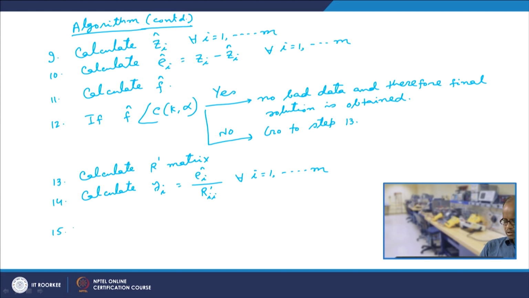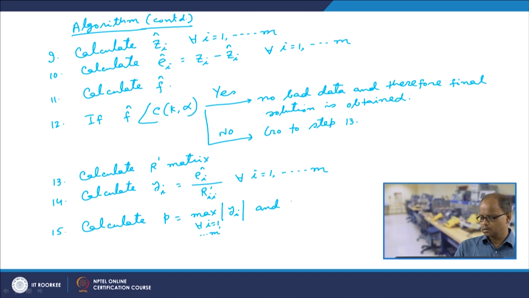Then we calculate p as the max of y i for all i equal to 1 to m, and find the index of p in the vector y.